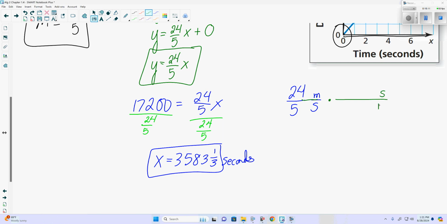So seconds over minutes, minutes over hours, because we're wanting to cancel out. Because here the seconds and seconds would cancel, minutes and minutes. Well, there are 60 seconds in 1 minute, and there's 60 minutes in 1 hour. So the denominator 5 times 1 times 1 is 5. The numerator, we'd have 24 times 3,600.